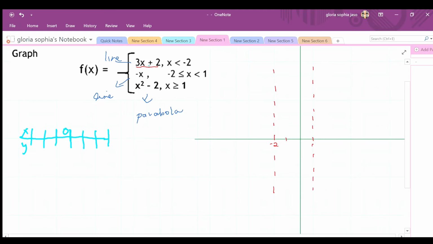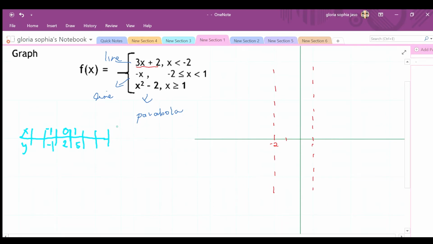So, kung 0, the answer is 2. 3 times 0, so plus 2. And then, kung 1, 3 times 1 plus 2, that's 5. Kung -1 naman, 3 times -1, so -3 plus 2, that's -1.